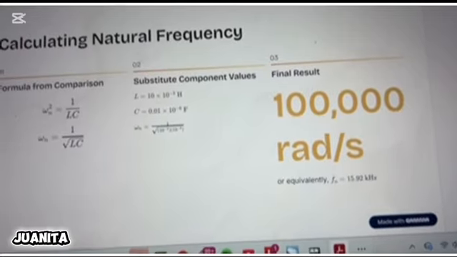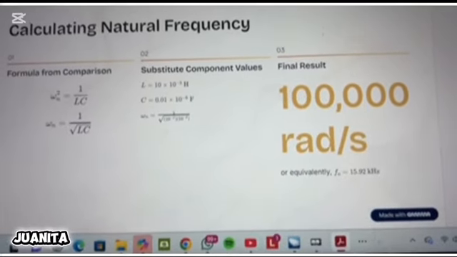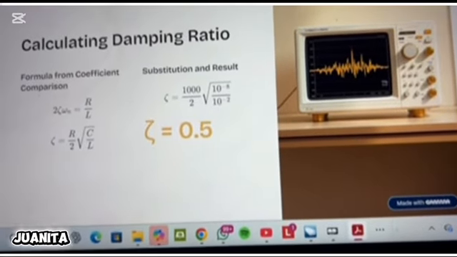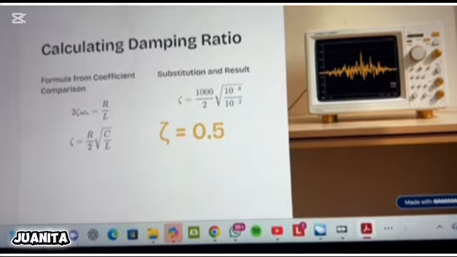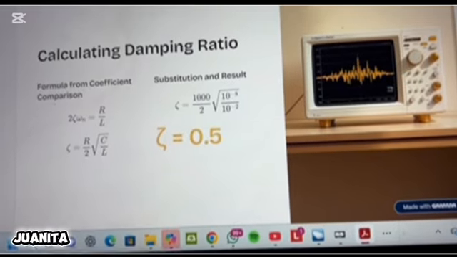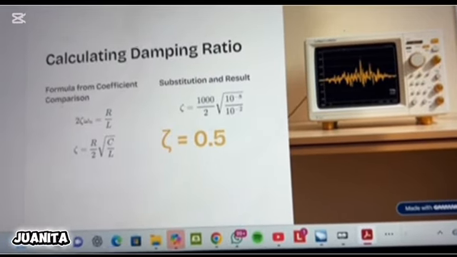Okay, next we have to determine the damping ratio, which is denoted by zeta. The damping ratio tells us how quickly the oscillations decrease over time due to energy being dissipated by the resistance.